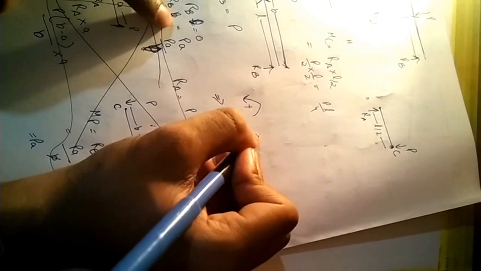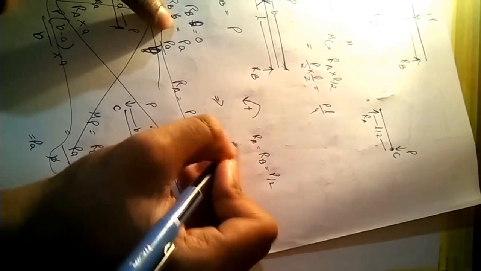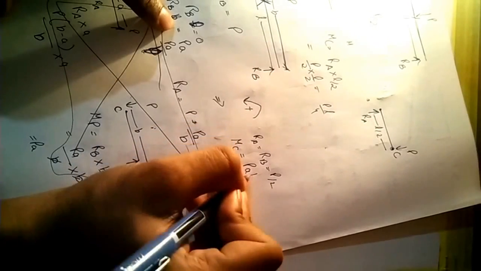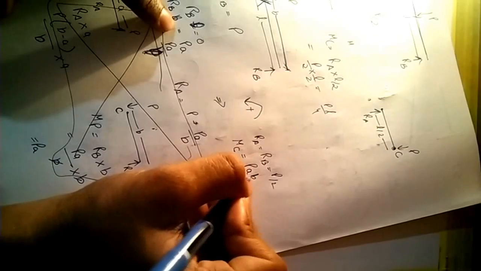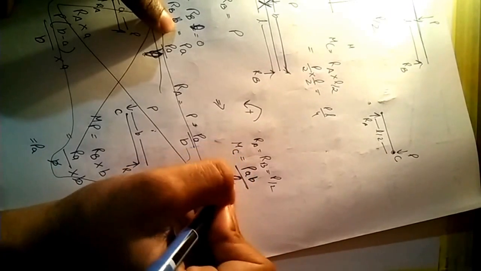I'll tell you the direct case. RA is equal to RB is equal to P by 2, and bending moment at the point will be PAB by L. You can remember it. That is the cases.